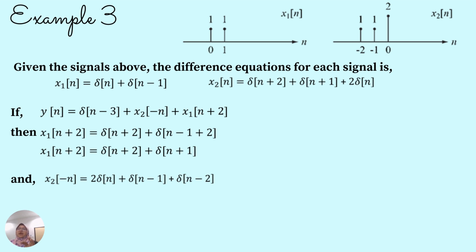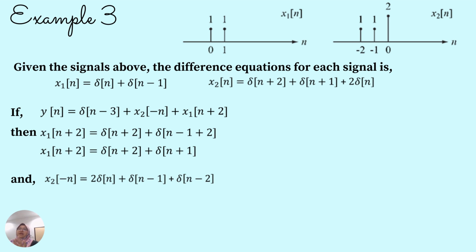Kita ada x2n yang folding, dan kita ada x1 yang advance 2 sampel. And then you have delta n yang delaykan sebanyak 3 sampel. So here you have x1n plus 2, so maksudnya semua n tu kena plus 2 lah.